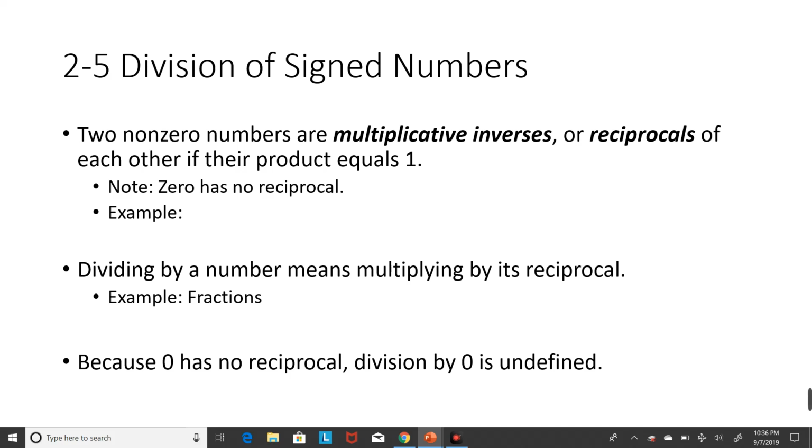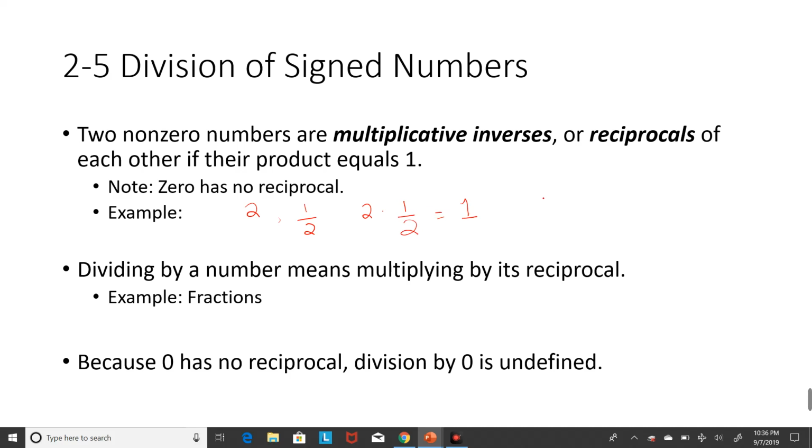An example of reciprocals, that we call multiplicative inverses, would be 2 and 1/2. If you take 2 times 1/2, you will get 1.